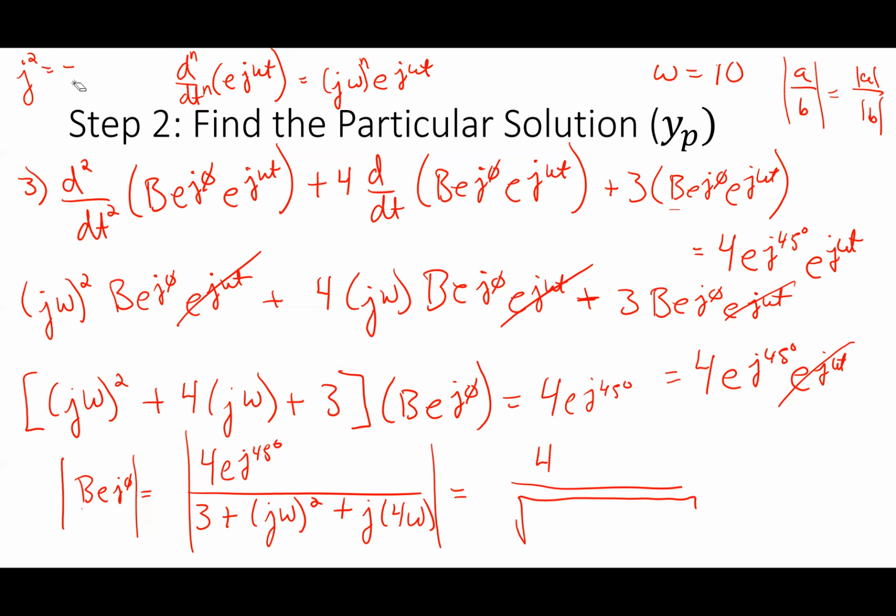It's equal to the square root of -1 times the square root of -1, which is -1. All right, so this guy basically is, if I look at it carefully, 3 minus omega squared plus 4 times omega squared, like that. Okay, that's how I can write that out.